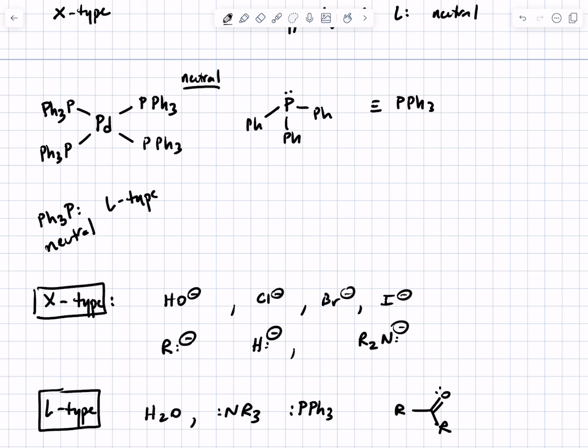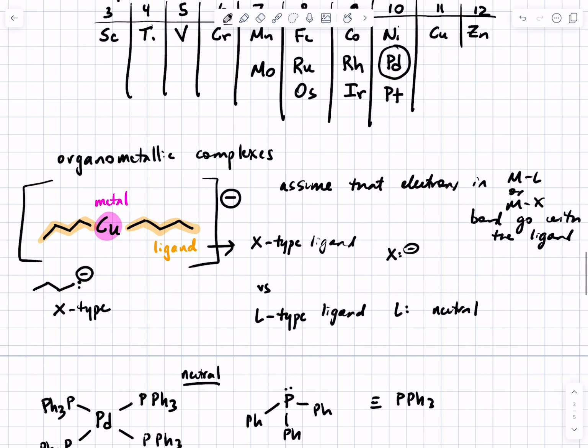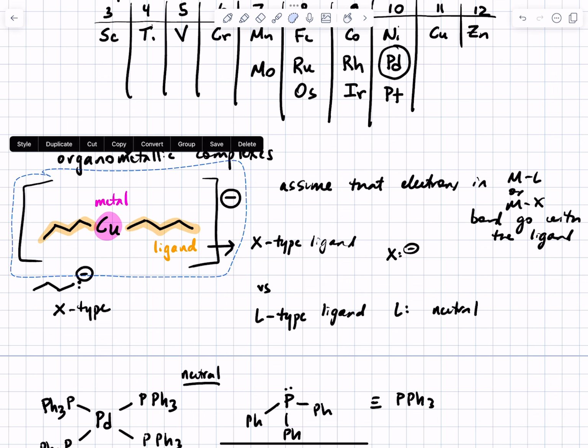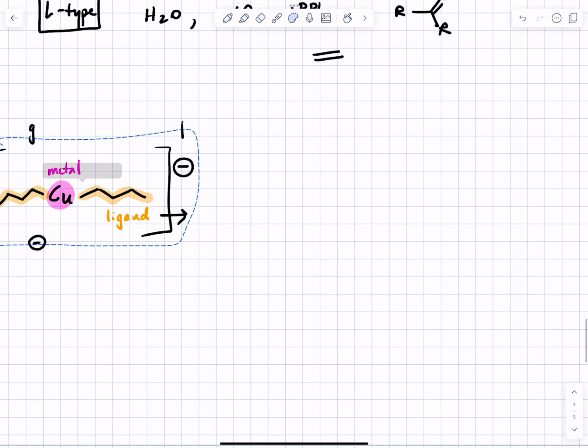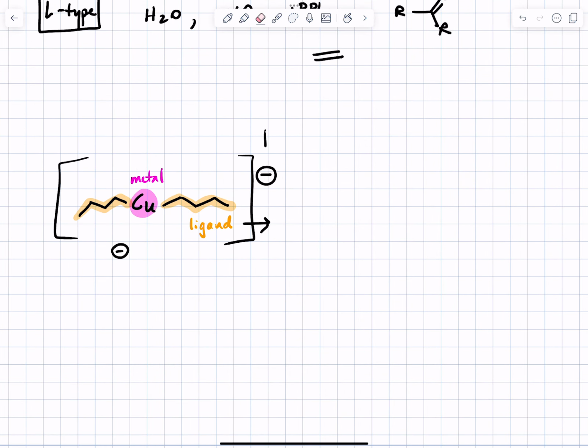All right. So let's see how that works out in the case of the cuprate. The overall charge on the complex, I'll just bring that down here. We've already said that the two ligands are X-type ligands. The overall charge on the complex is what? -1, right?